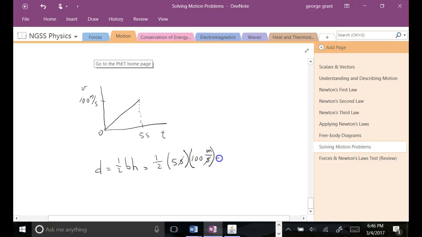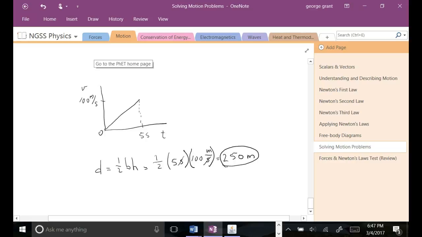Our seconds cancel out, leaving us with the answer in meters. 100 times 5 is 500. Half of that is 250 meters. So starting from 0 and accelerating to 100 meters per second, the car travels a displacement of 250 meters.